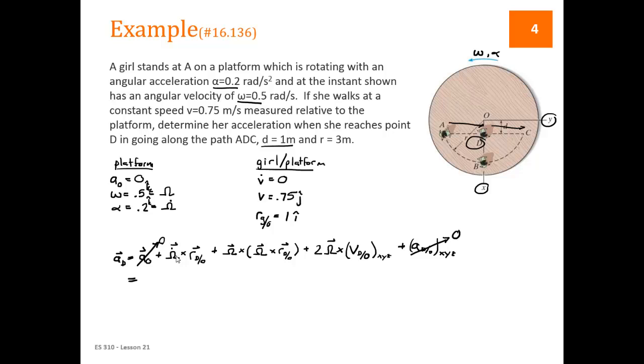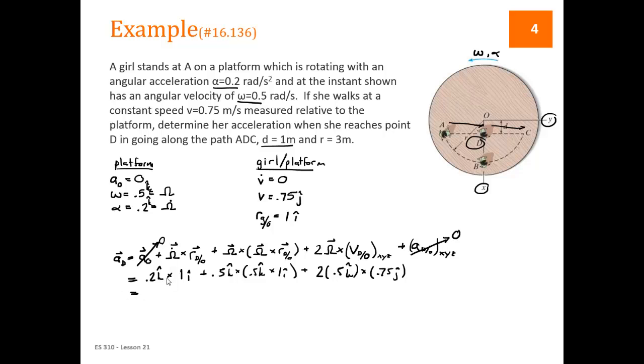We've got omega dot, which is 0.2 k hat, crossed with R of D relative to O, which would be 1 i hat, plus 0.5 k hat crossed with 0.5 k hat crossed with 1 i hat, plus 2 times 0.5 k hat crossed with 0.75 j hat, plus 0.